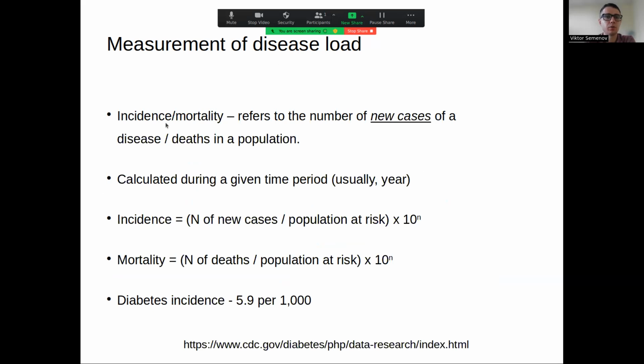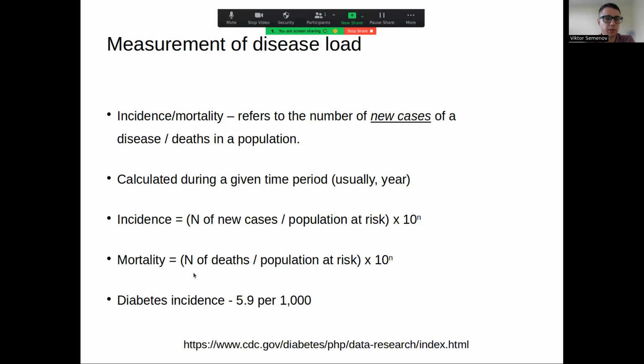Here is an example of incidence calculation. Incidence is the number of new cases, usually calculated for a given time period. Usually we calculate it for a year. Incidence is calculated as the number of new cases divided by the population at risk, again multiplied by some coefficient.